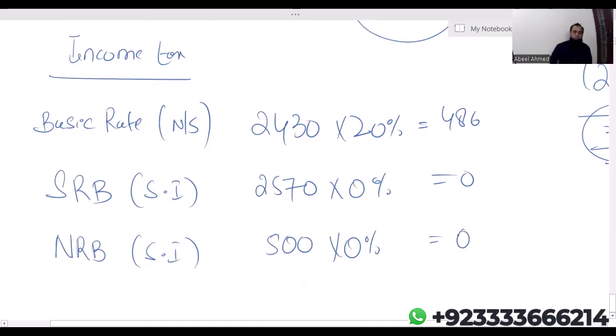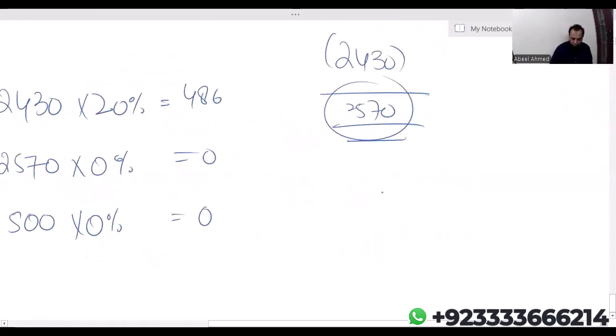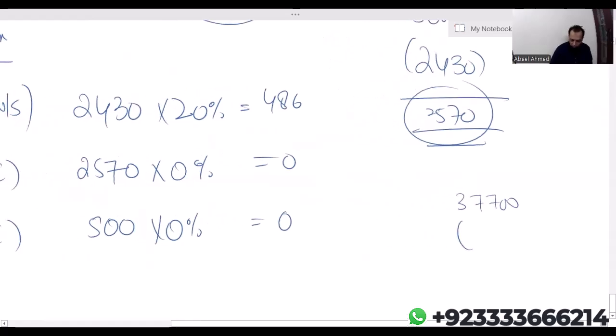Now, students, we have to see how much space is left in the basic rate band. Obviously, this individual is a higher rate taxpayer, so some of the income definitely falls in the higher rate. The basic rate band ends at 37,700. Out of that, we have consumed 2,430, 2,570, and 500.